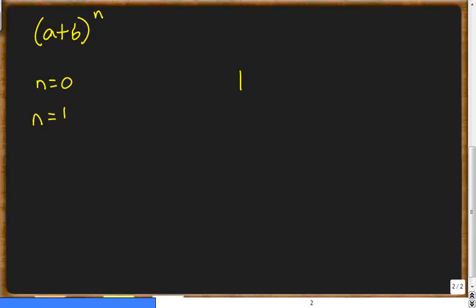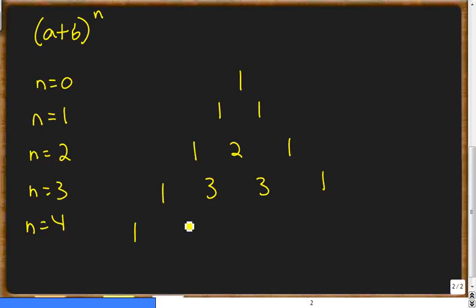But as we increase values of n, the coefficients of the terms begin to make a pattern where we always have 1s on the ends, and the sum of 2 consecutive terms makes the term below it. That's not 4, that's a 6.